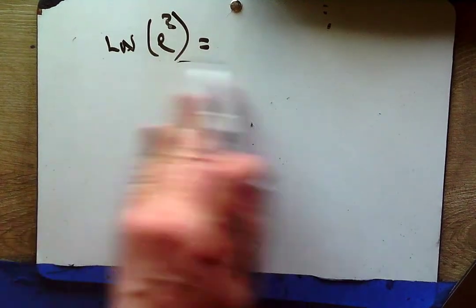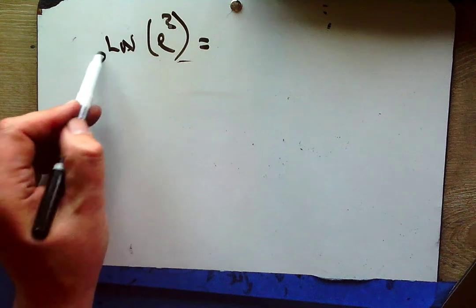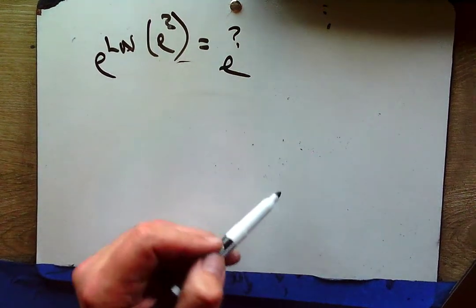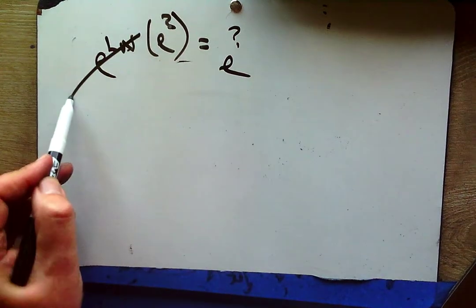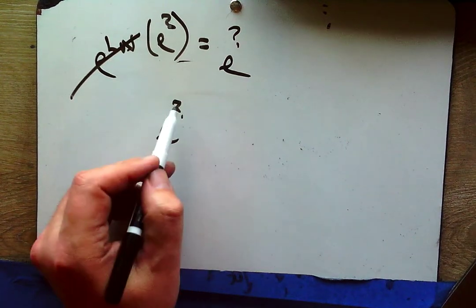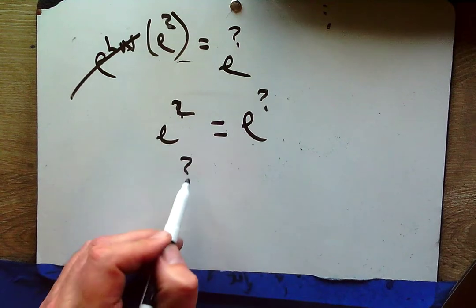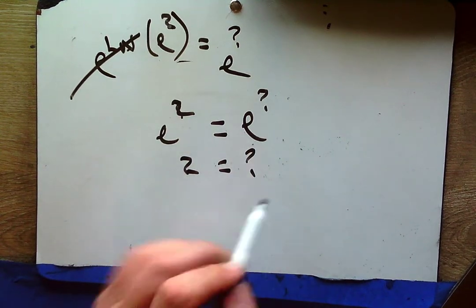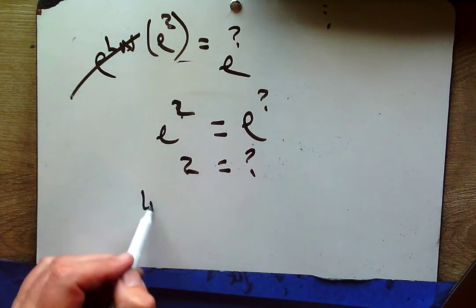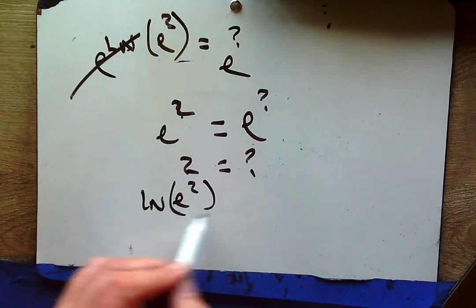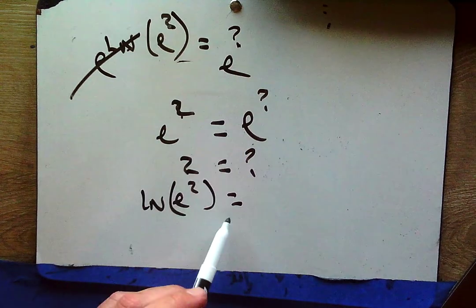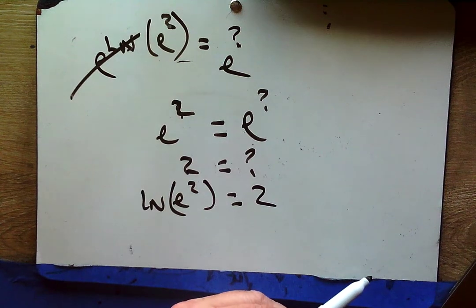If I do think about exponentiating here, I'm going to cancel these out, and so I'll have e squared equals e to the question mark. So 2 equals question mark, which means this original expression, the ln of e squared, that was what my question mark was, and that's equal to 2.